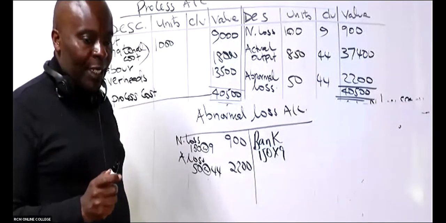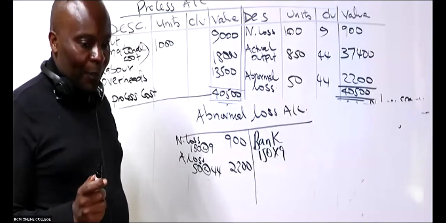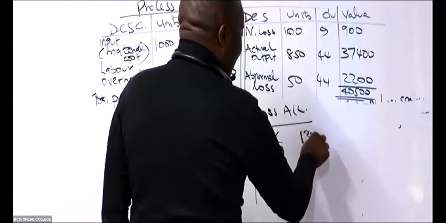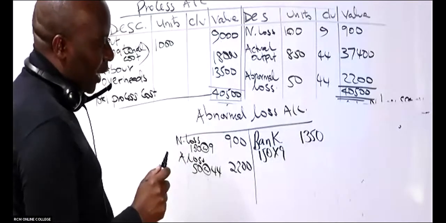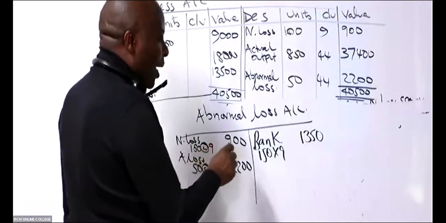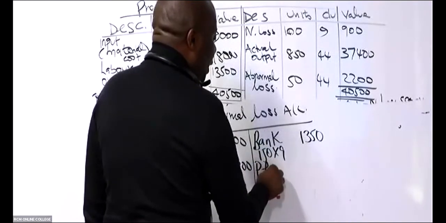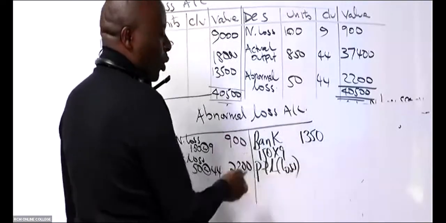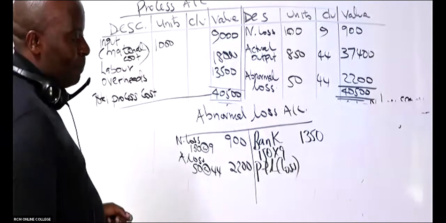So 150 times 9. I'm being given a figure of 1,350. So meaning that this will be a loss. The loss here, we shall take to the P and L. The loss on disposal will be the balancing figure.